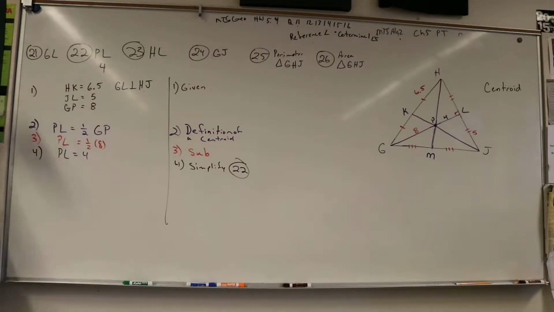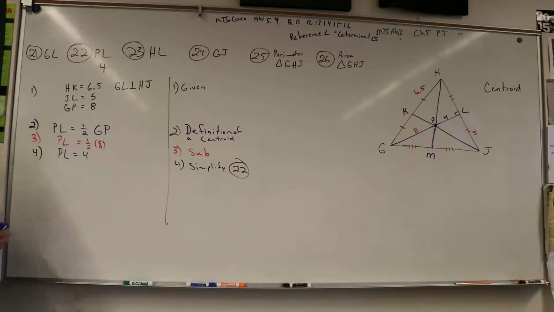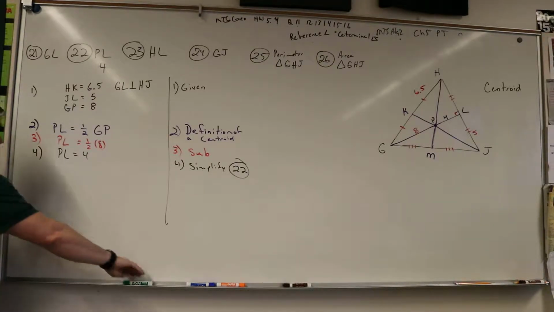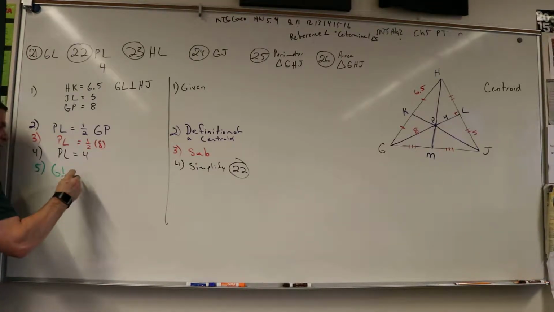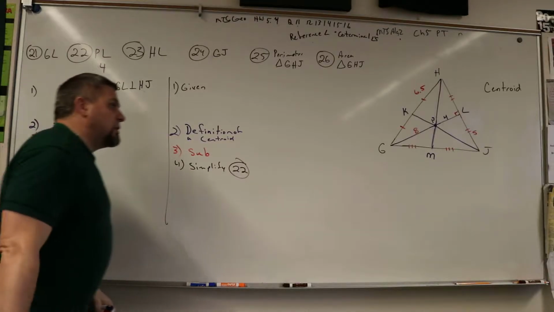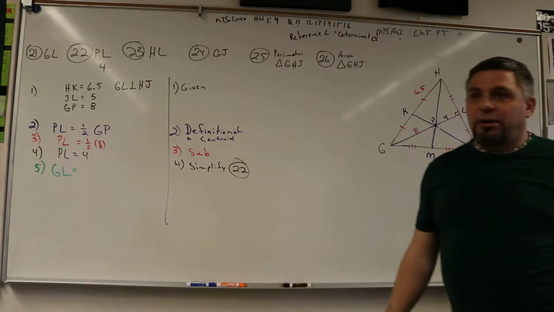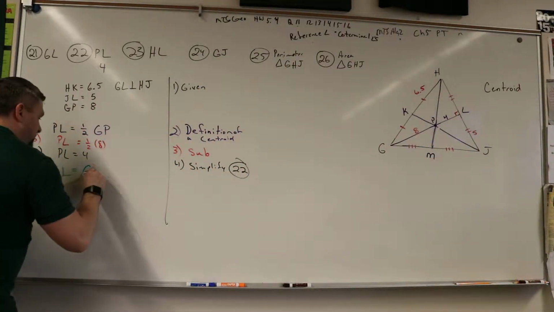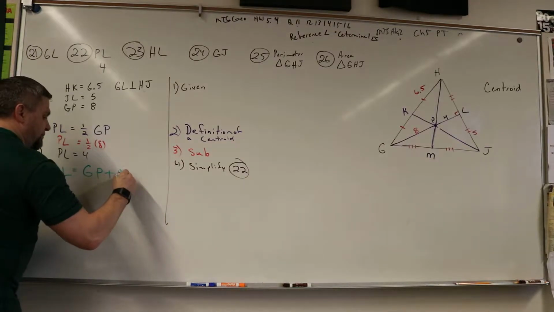And then we go to find GL, because GL is what? This goes back to chapter 1. Okay? And check this out. GL is equal to GP plus PL.